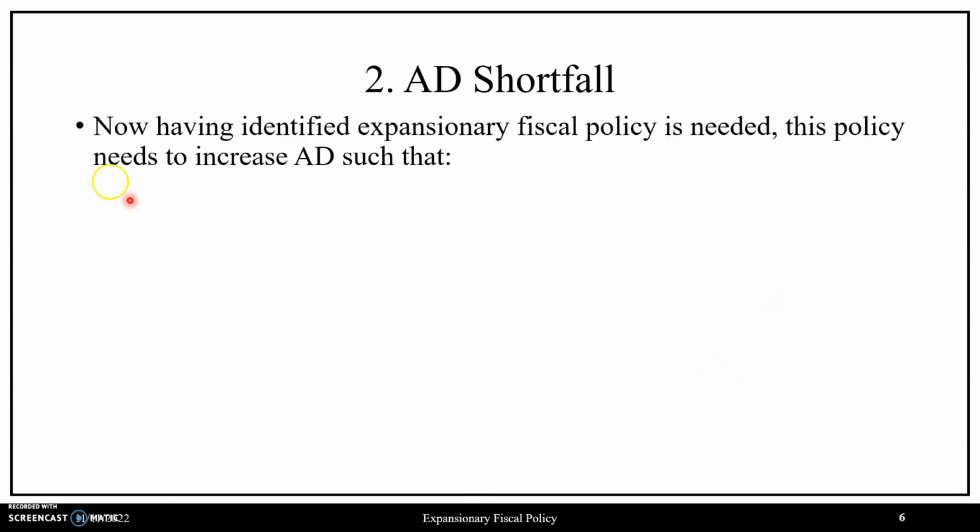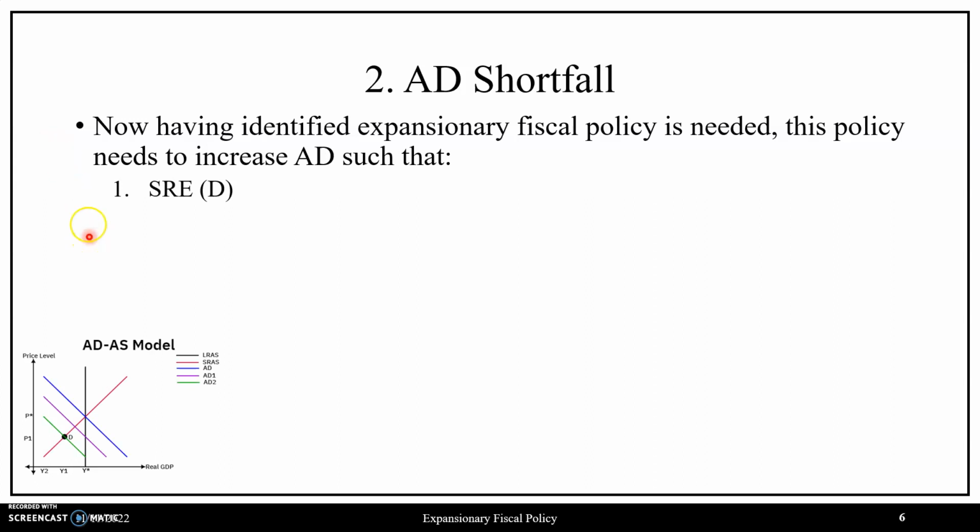So then, having identified that expansionary fiscal policy is needed, this policy change needs to occur with the economy initially in its short-run equilibrium state at point D, with the unemployment gap and the decrease in the price level.